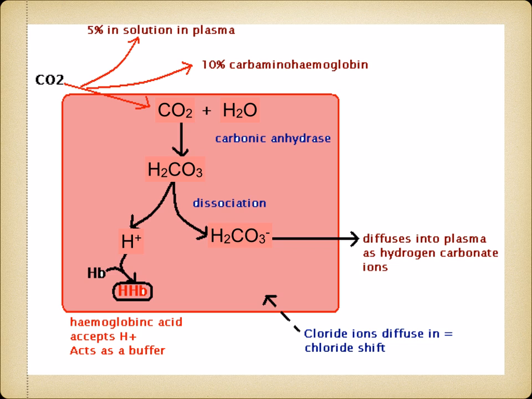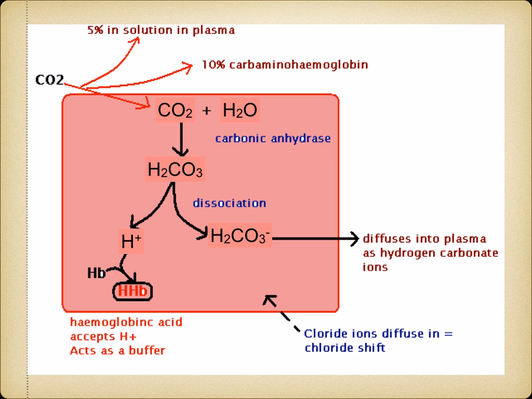This then splits into hydrogen carbonate ions and hydrogen ions. The hydrogen ions produced will combine with hemoglobin to form hemoglobinic acid, and so it causes hemoglobin to release oxygen, which will diffuse out of the cell into the nearby respiring tissue.